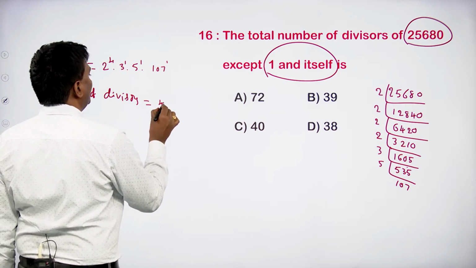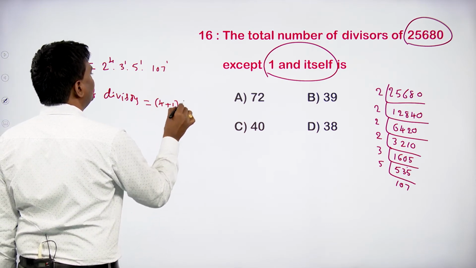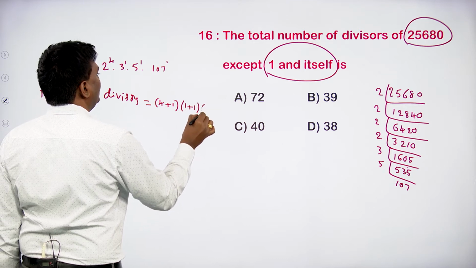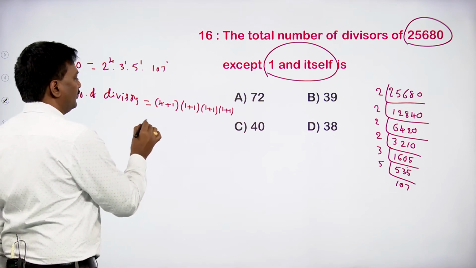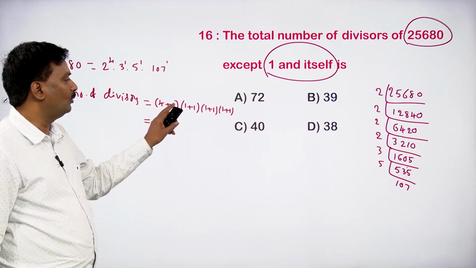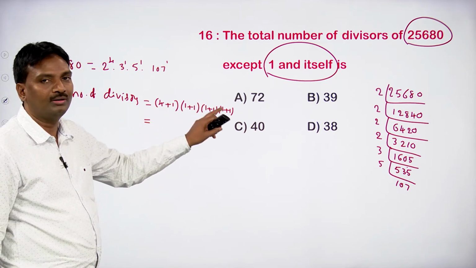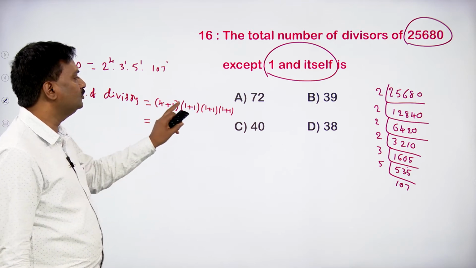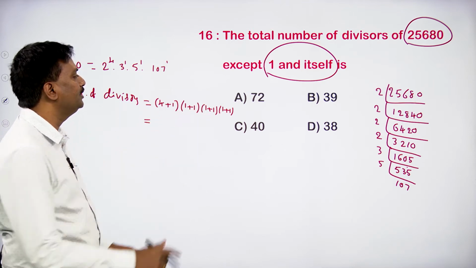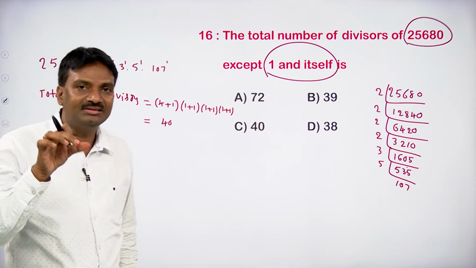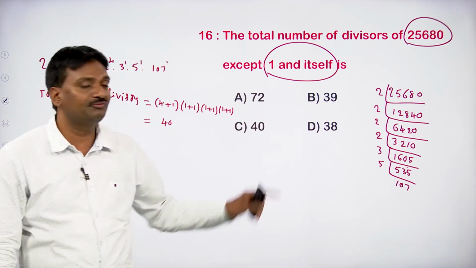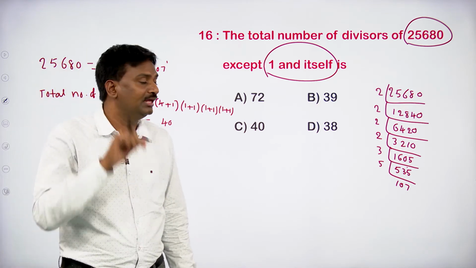So we take 4 plus 1 into 1 plus 1 into 1 plus 1 into 1 plus 1, where 4 plus 1 is 5, 1 plus 1 is 2, 1 plus 1 is 2, 1 plus 1 is 2. So 5 into 2 is 10, 10 into 2 is 20, 20 into 2 is 40. This 40 represents the total number of divisors of 25,680.